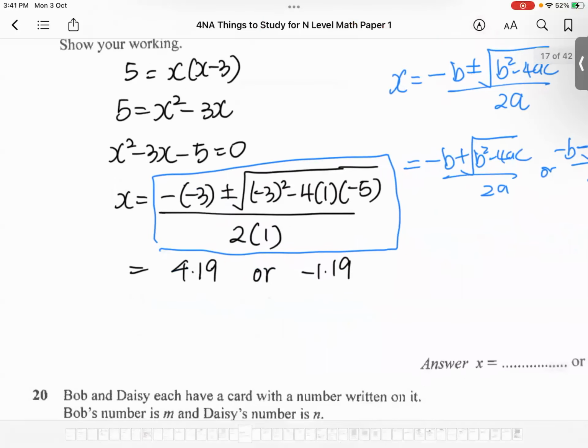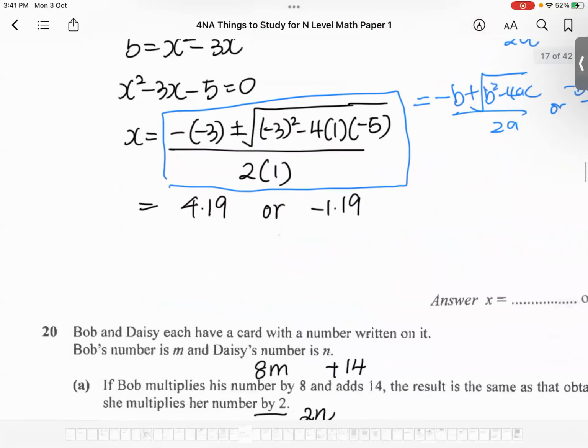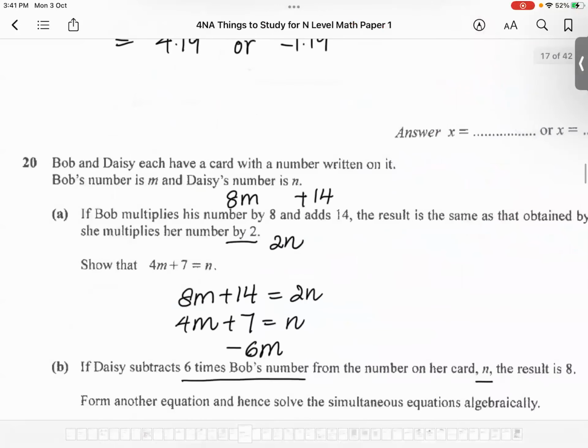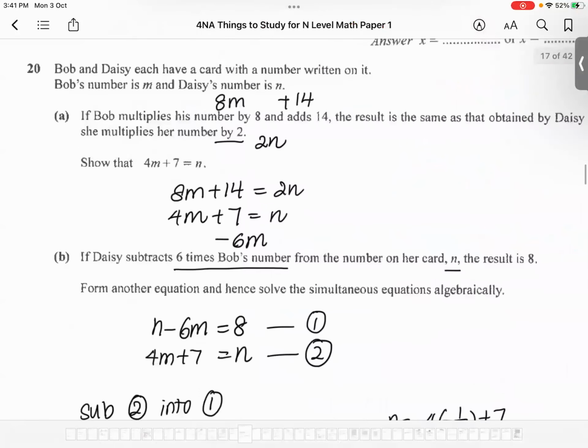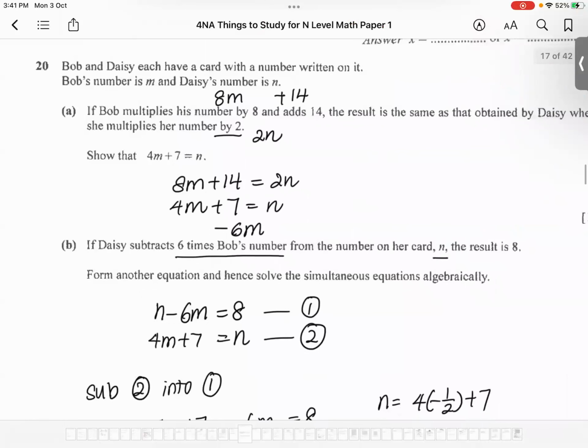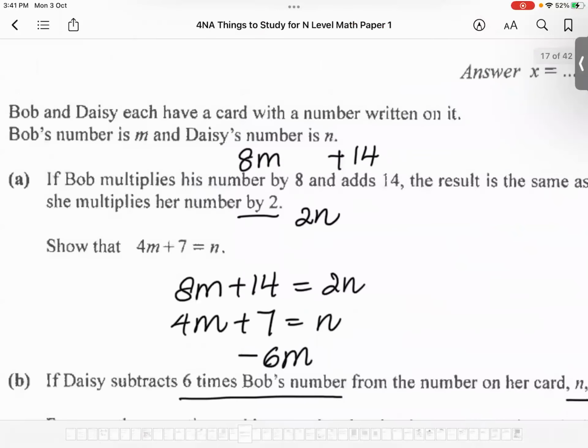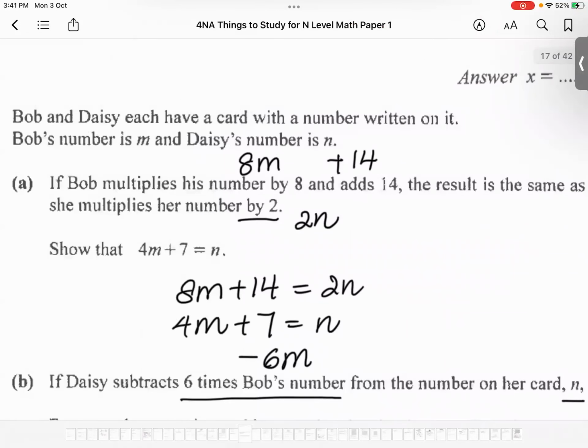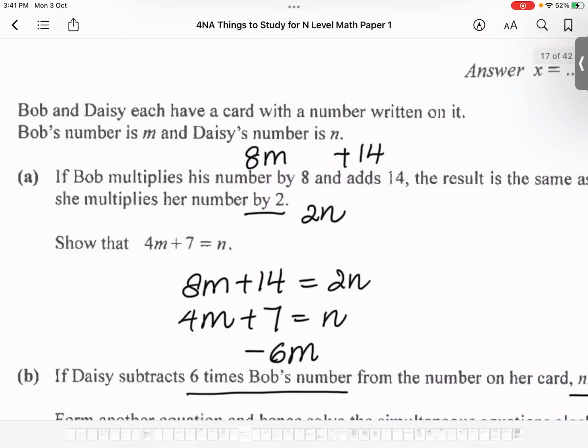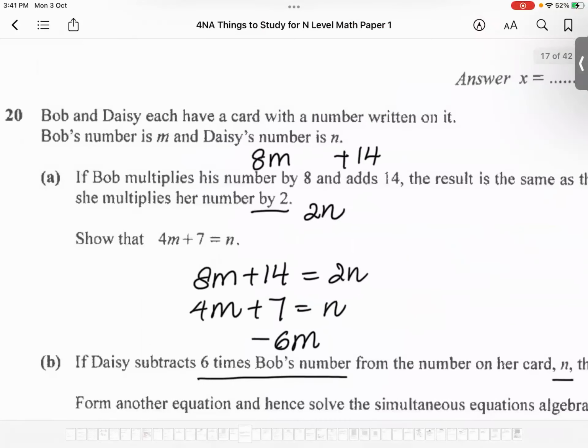Next question. This one, for you to refresh your memory, they like to do the simultaneous equation and quadratic equation in terms of algebraic word format. So Bob multiplies the number by 8, so 8 times n, and adds 14. Then this is equivalent to the same person with the number who multiplies it by 2, so simple.